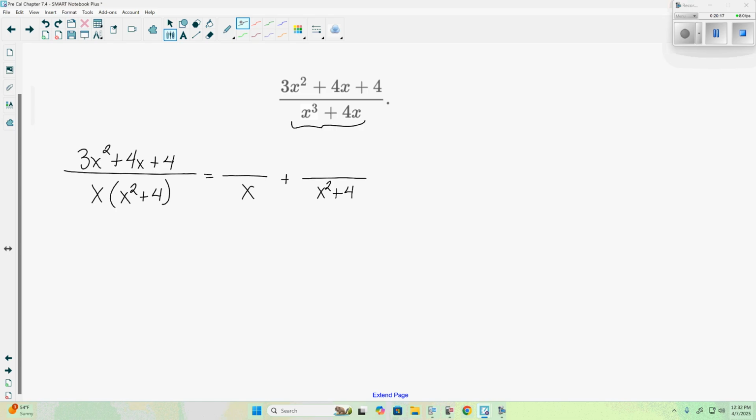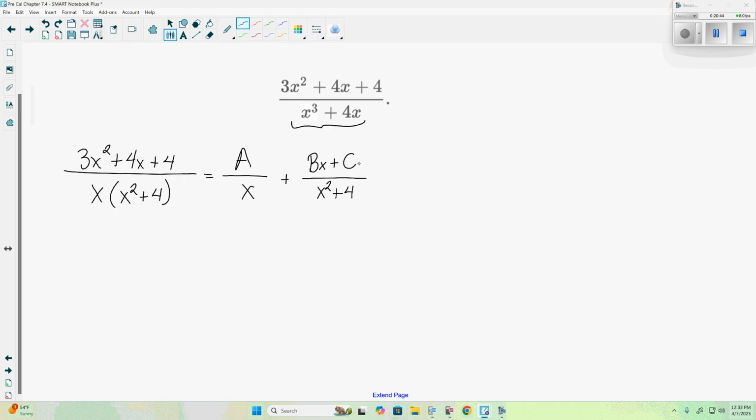Now, since the first denominator is just x, degree 1, the top is going to be a. Now, the next denominator is x squared plus 4. The degree is 2, so the degree on top needs to be 1. So our next letter is going to be b, but we're going to have bx plus c. We're going to have a linear term, b times x, plus our constant term.